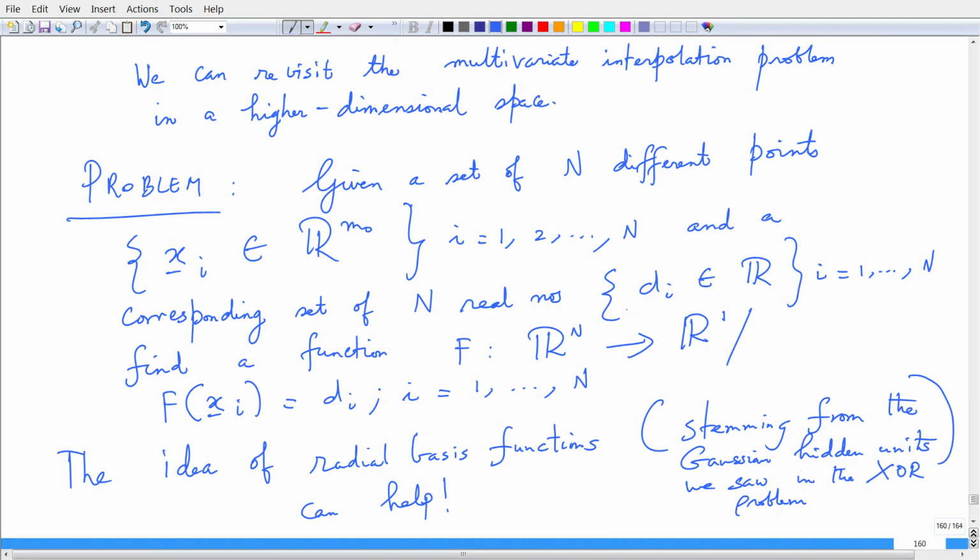We would be interested in finding a function from R m naught to R such that capital F acting on this data point xi gives us the scalar d sub i for all these n points. Now, as I mentioned, we would like to use these radial basis functions that we have used earlier while solving the XOR problem.